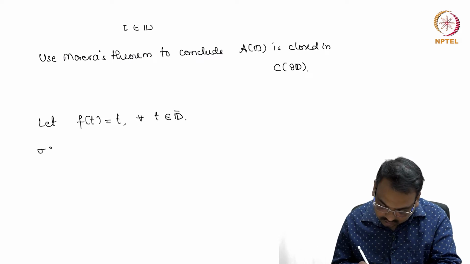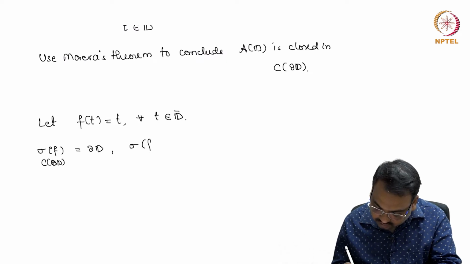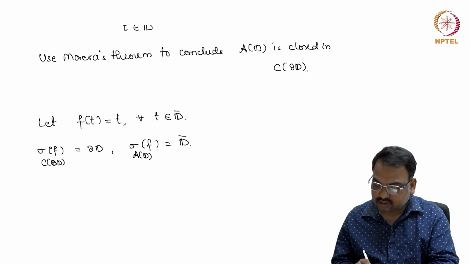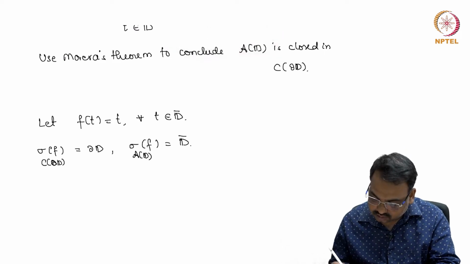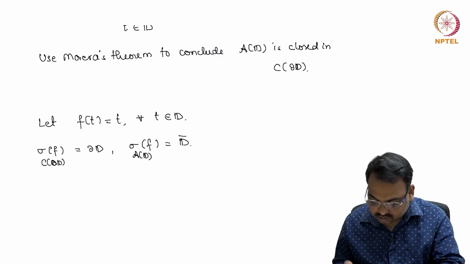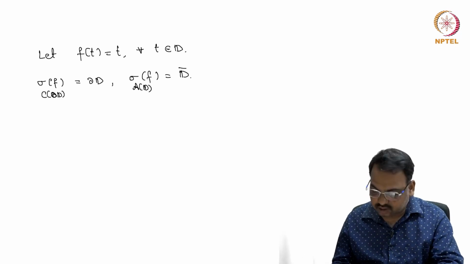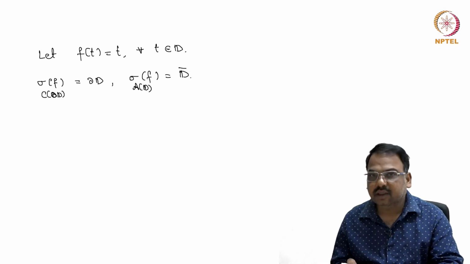Now the spectrum of f with respect to C of boundary of D is nothing but the boundary of D, whereas the spectrum of f with respect to A of D is nothing but the closure of D. So we can say that the spectrums are different with respect to different algebras, but in our case we will be dealing all the time with one Banach algebra, so we will not write this subscript.